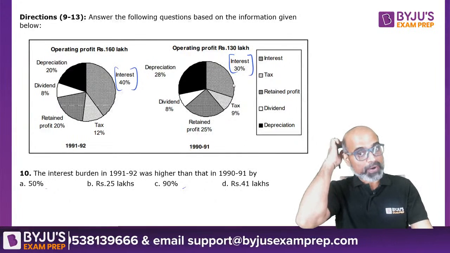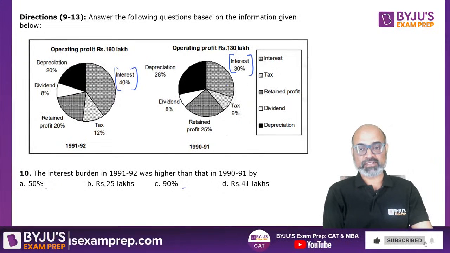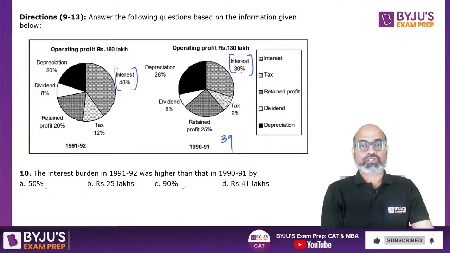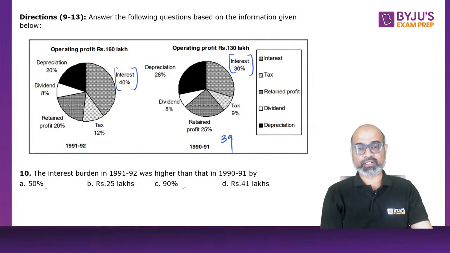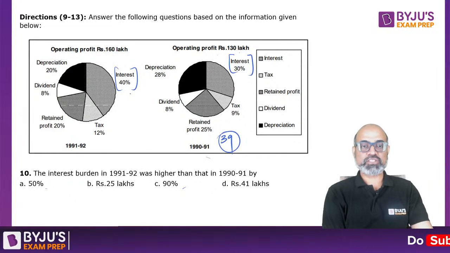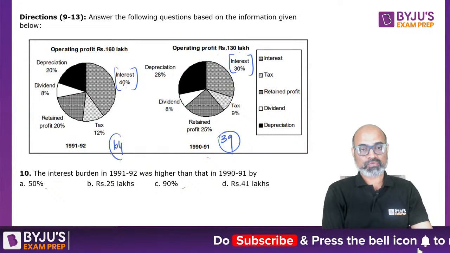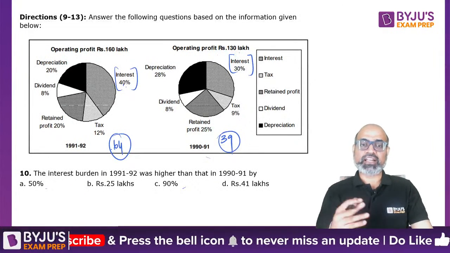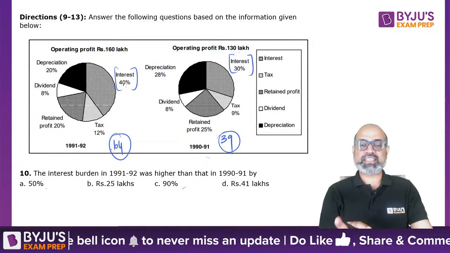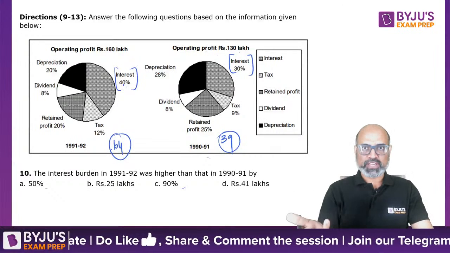So what is the operating profit here? 13 into 3, which is going to be 39. So interest under operating profit of 130 lakh is going to be 13 into 3. And this one is going to be 16 into 4. Right? So 39 and 64. What is the change? We will look at the magnitude change if we can figure it out.